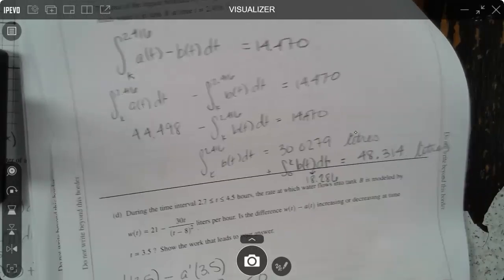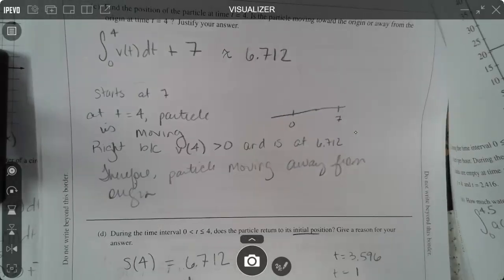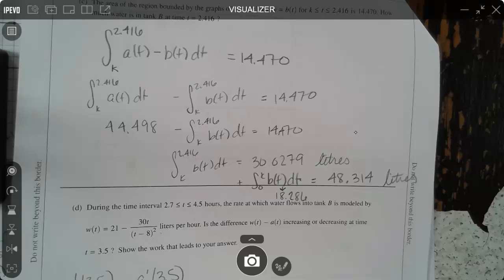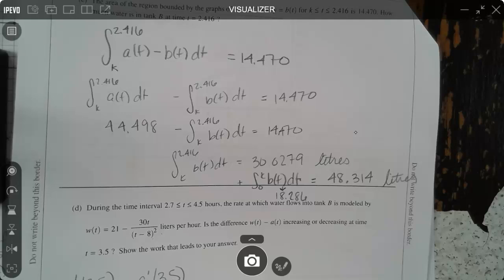K goes from 18.286. Where did I get that? Didn't I already find that or something?